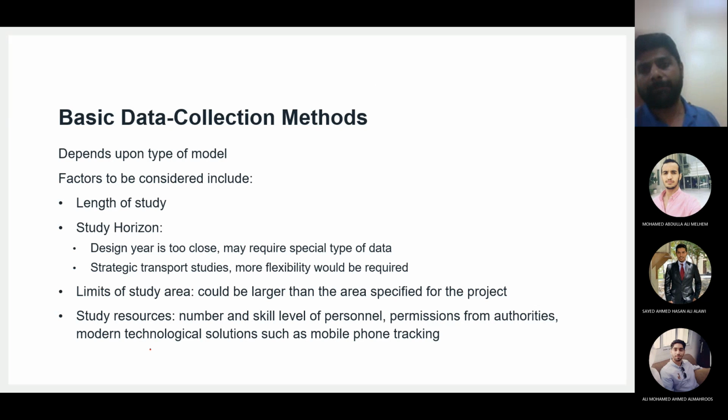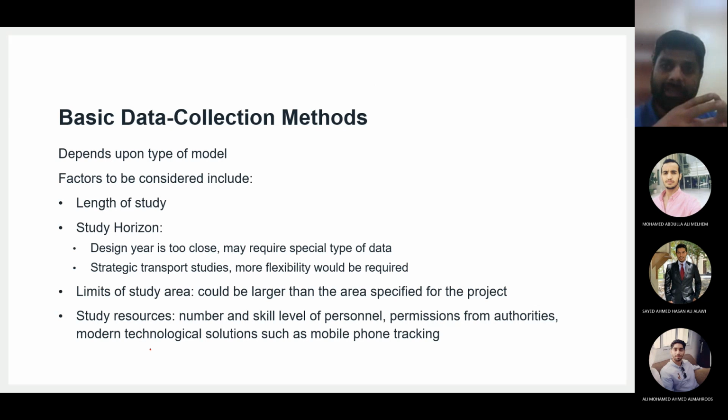Limits of the study area. Now, a study area depends upon the type of project or the area of the project. So if I'm going to build a highway, the areas through which that highway will go is my study area, right? But I know people on that highway may come from other areas as well.